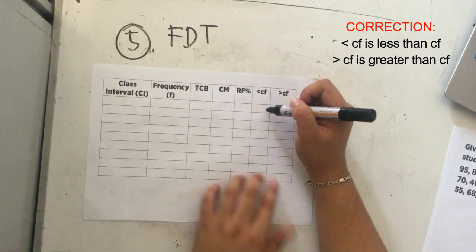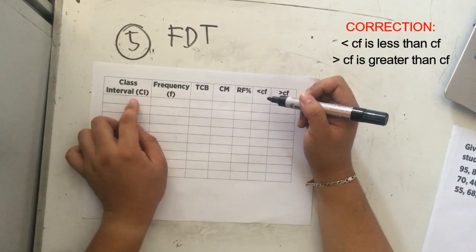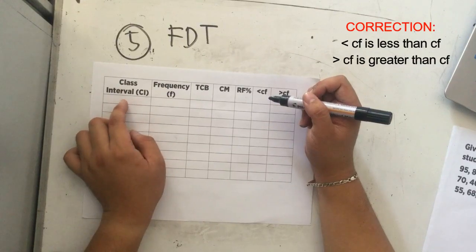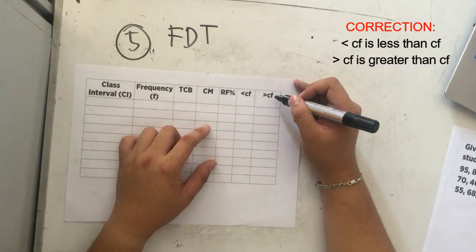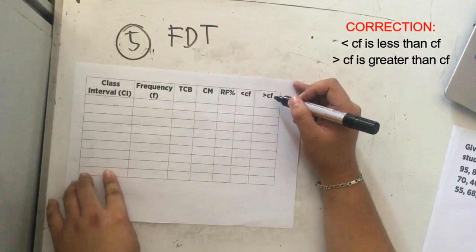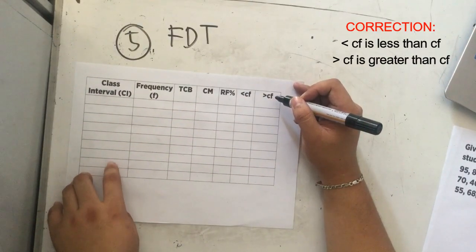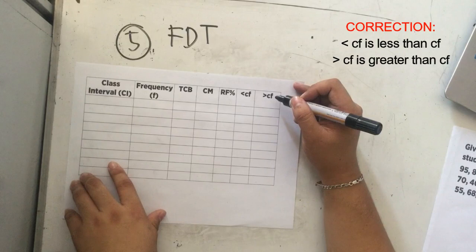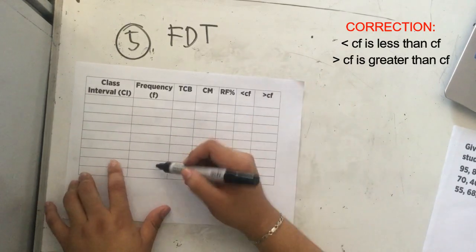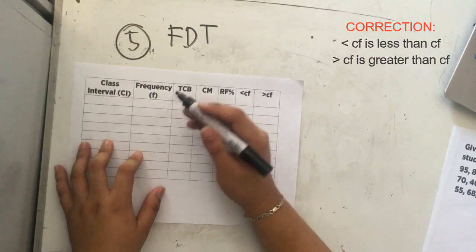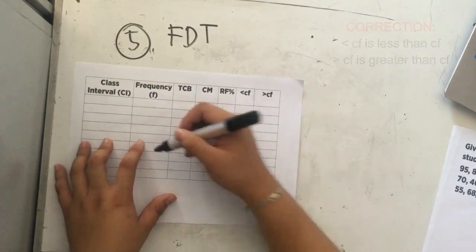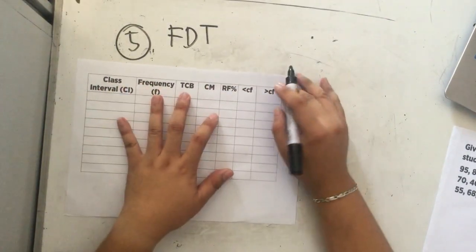So, starting point naman natin yung pinakamababang class interval. Pero dito sa less than cumulative frequency natin, ang kinukuha natin ay si upper, yung highest valued class interval. So, yung pinakamataas na class interval, doon tayo mag-start. Tapos, i-add natin yung frequency ng second highest interval, tapos ni third, and so on and so forth.